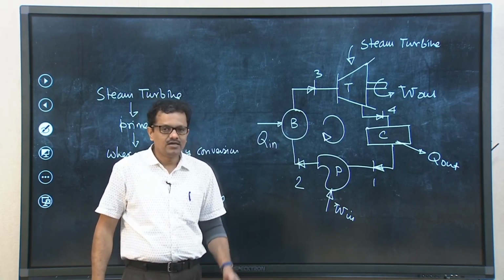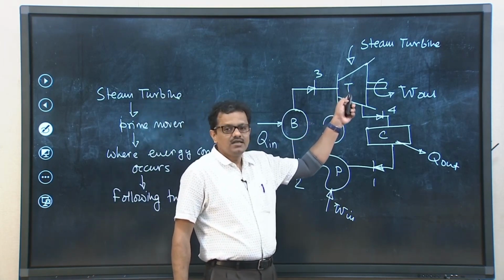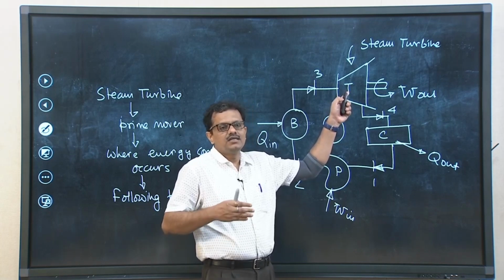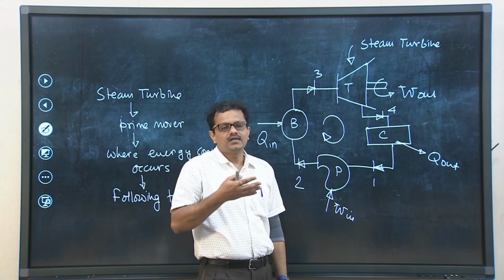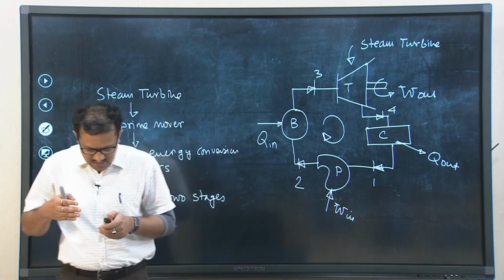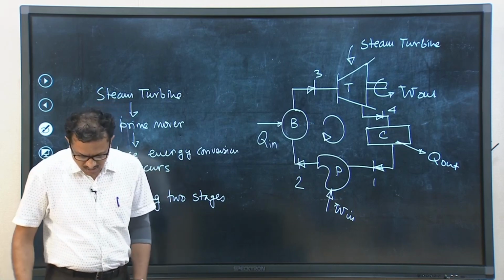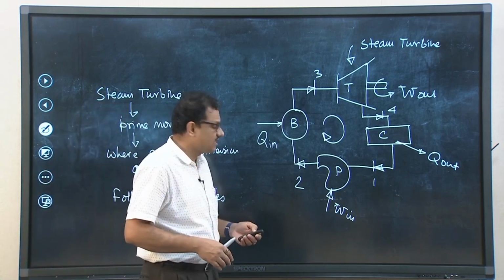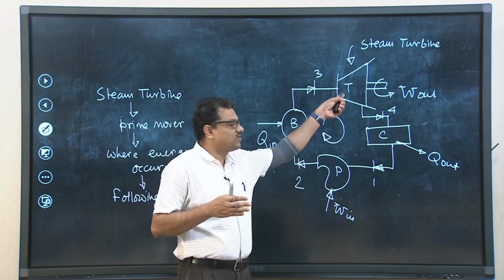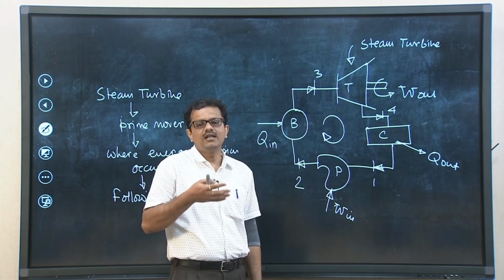Now, though we could not see the flow nozzles here, flow nozzles are an integrated part of the turbine. So, a steam turbine is essentially an assemblage of flow nozzles and blades.